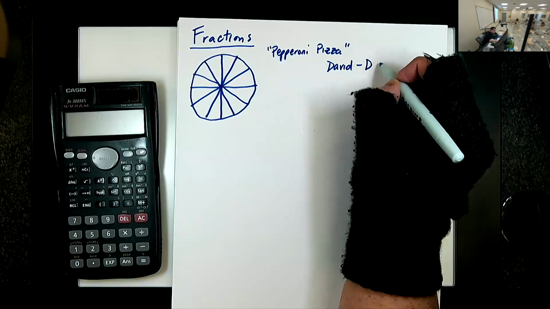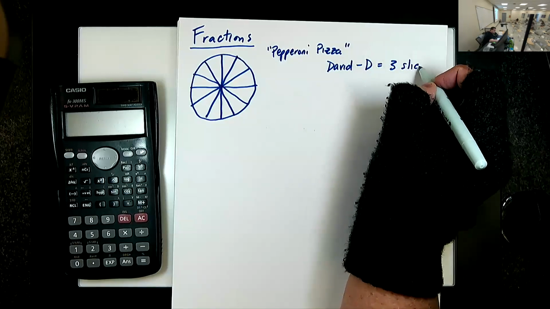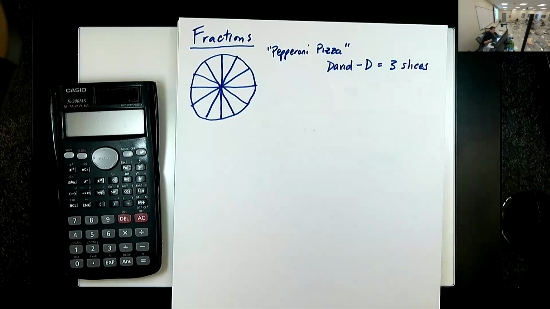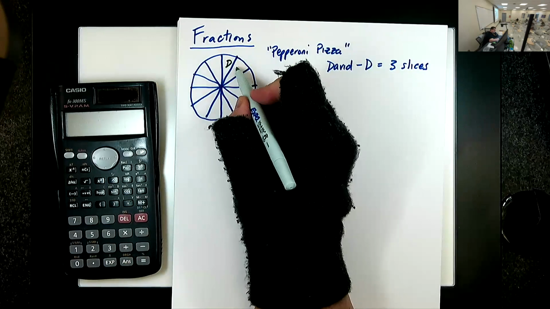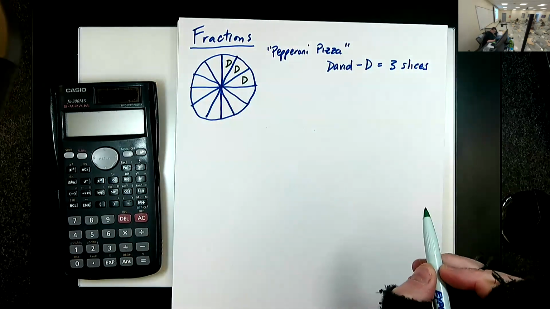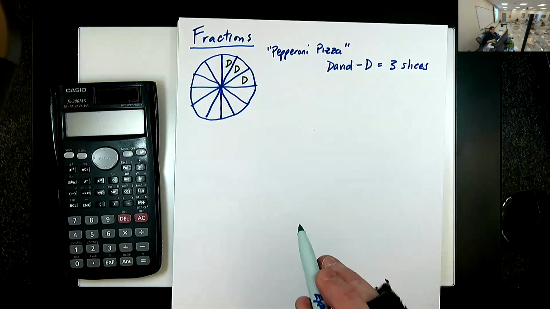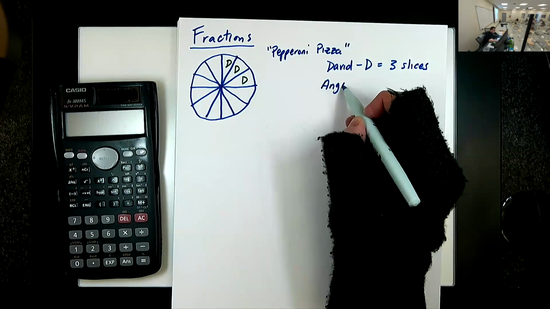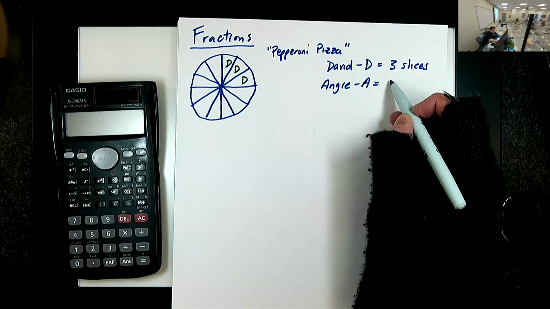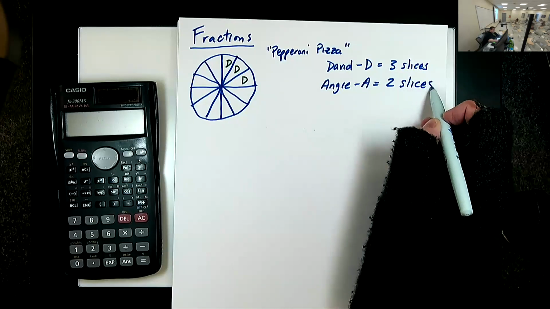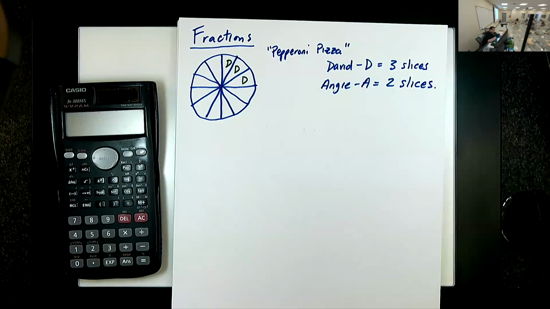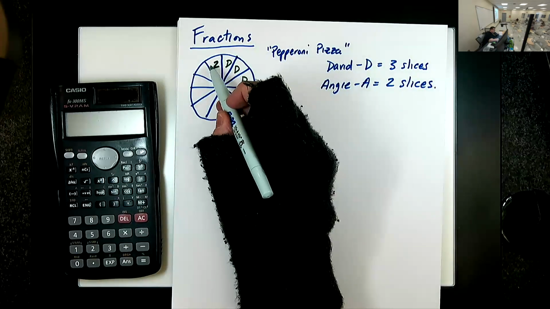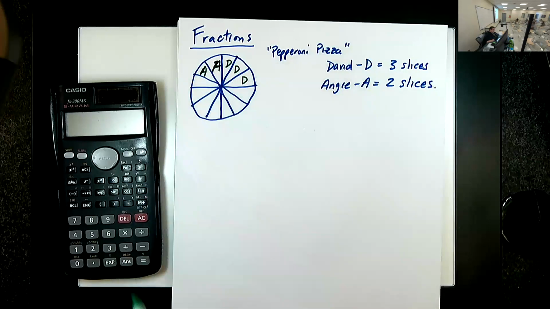We'll use a D for me, and I have 3 slices. I'll say this slice is the slice I took, that slice, and that slice. My wife, Angie, we'll use A. She took 2 slices. I will mark her here with an A.